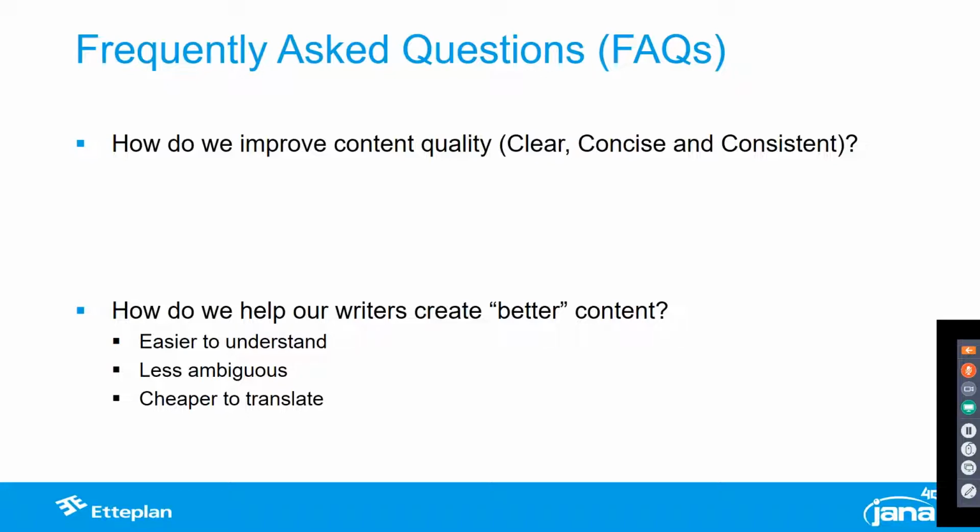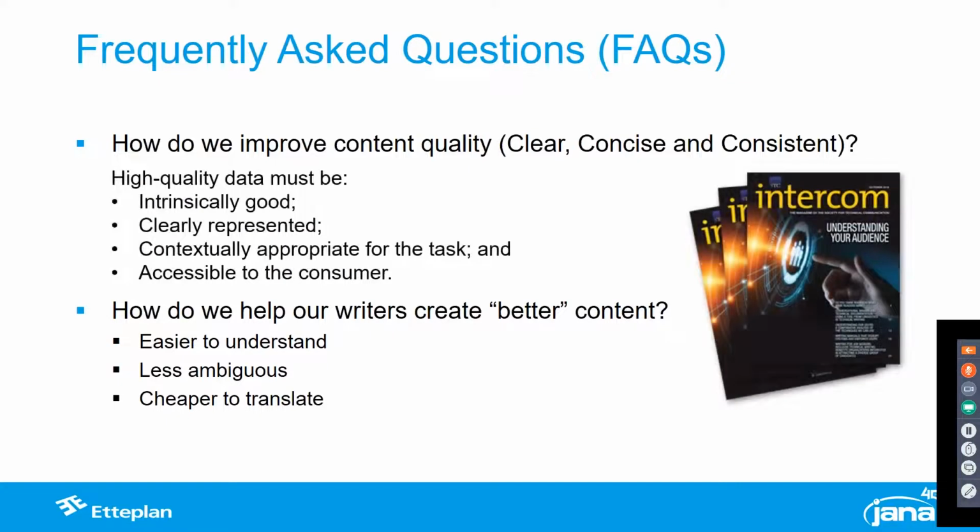And in this month's, actually last month, the November issue of Intercom, which is the Society of Technical Communications monthly magazine, there was a very nice article about this. And it says, here are the aspects of what high quality data looks like.